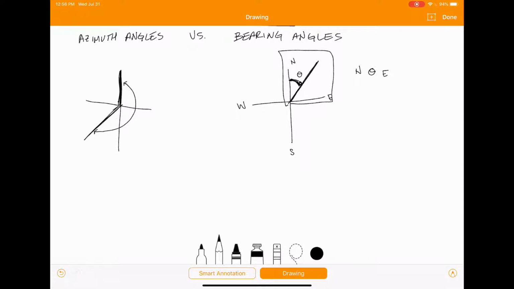So if we had one over here, you go from the north side over to that angle. So this would be theta here. So you'd have a north, theta, and then west because we're in the northwest quadrant.